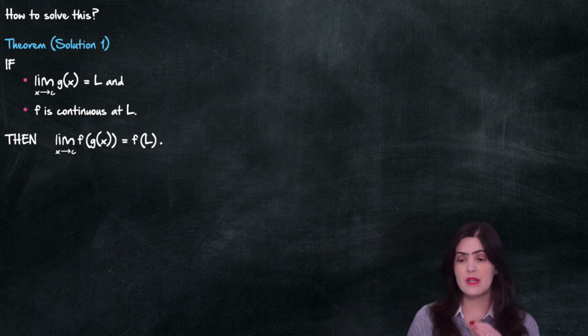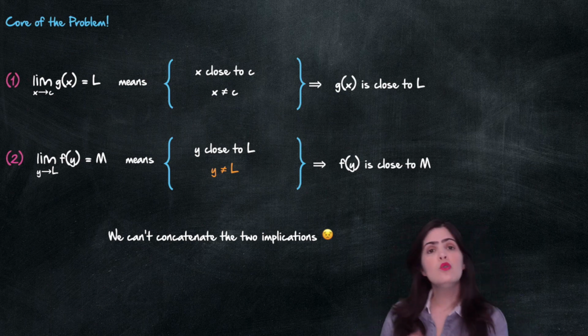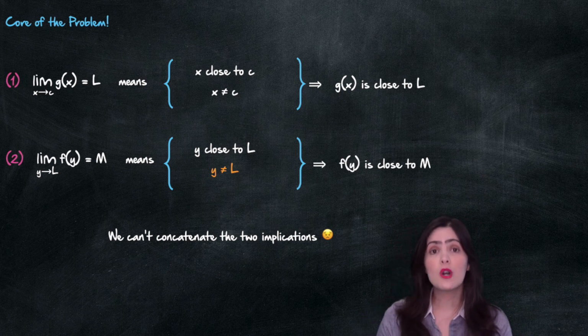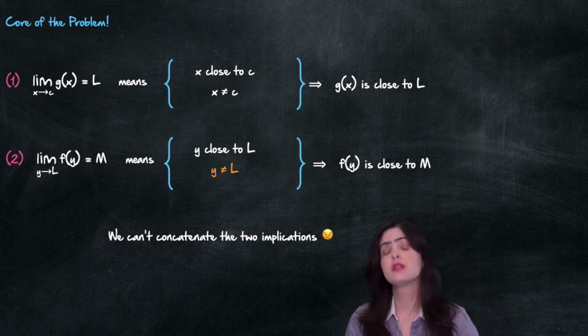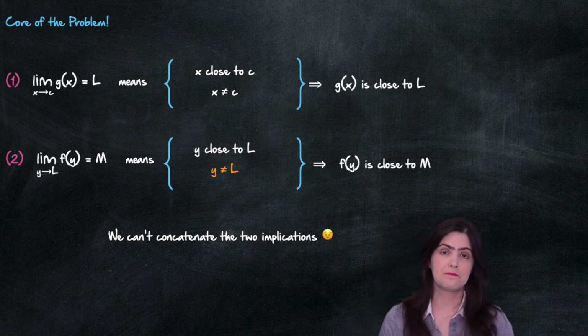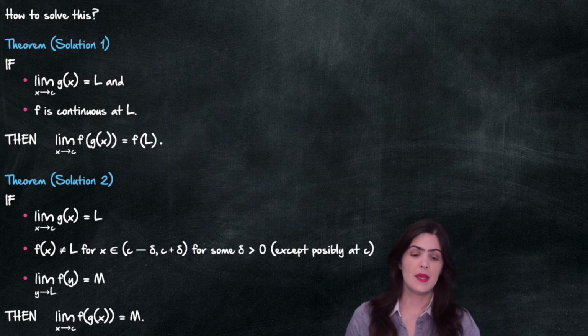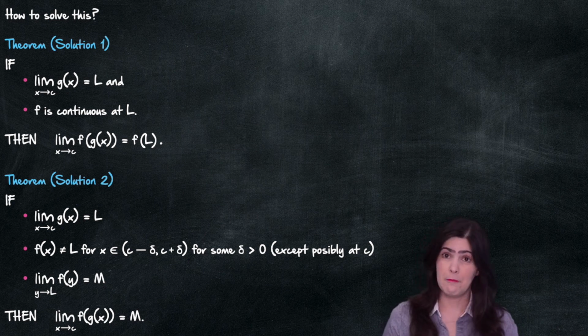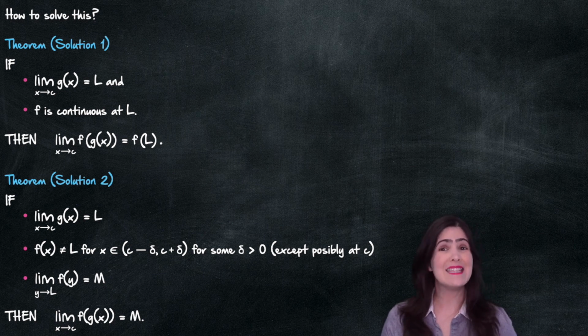So here, instead of removing the yellow condition that y is different from L, we are forcing that to happen by requiring that g is not equal to L. Again, that shows exactly two possible solutions to go around the problem that we saw. And I will leave for you as an exercise to prove theorem 2, the solution 2 that we found. Prove that this is indeed the case.